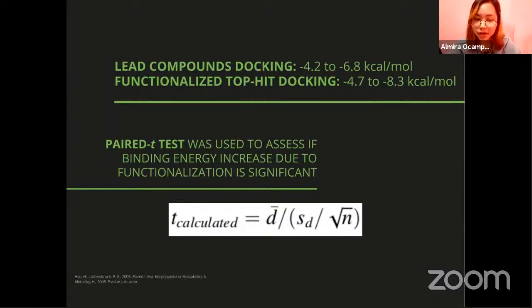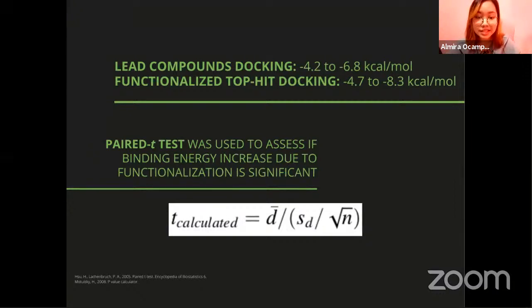It is because binding affinities are actually measured wherein the more negative means the stronger the binding. Okay, so our binding affinities increased after adding the hydrophobic groups. So in order to assess statistically if this increase is actually significant and to what degree, the paired t-test was employed.